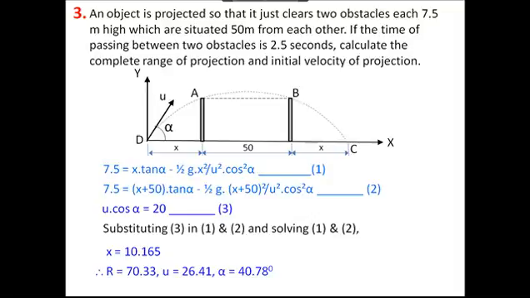U and alpha can be solved, because alpha can be solved from the first two, and then you can substitute in 3 and solve for u, and these are the answers you get. The only word of caution is that solving these equations is a little long, a little tedious, but solutions are possible, and here are the answers. Thank you.